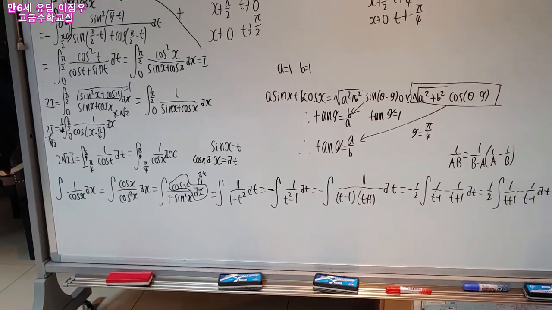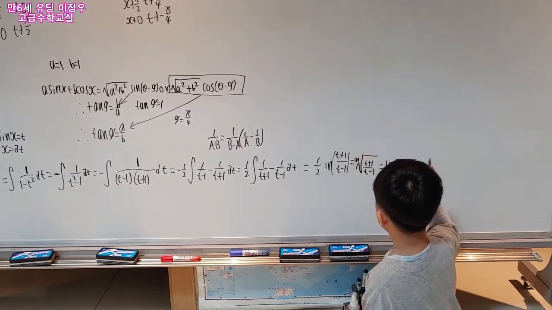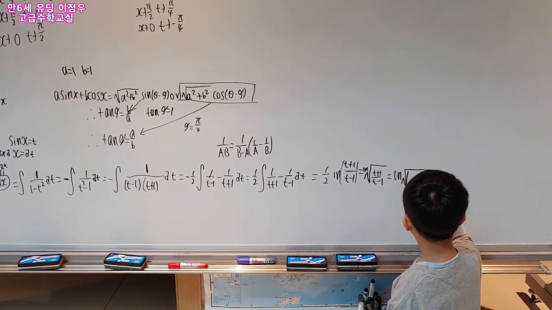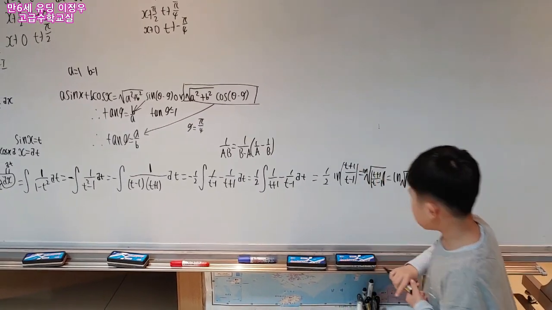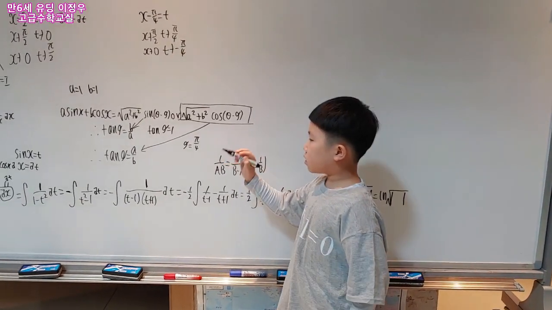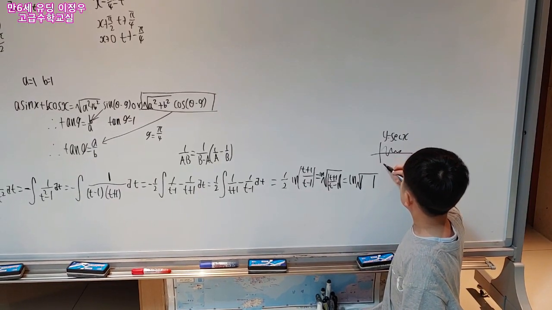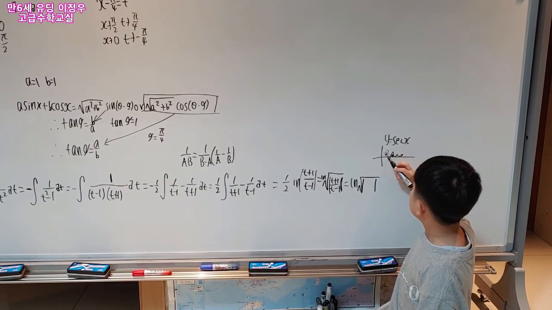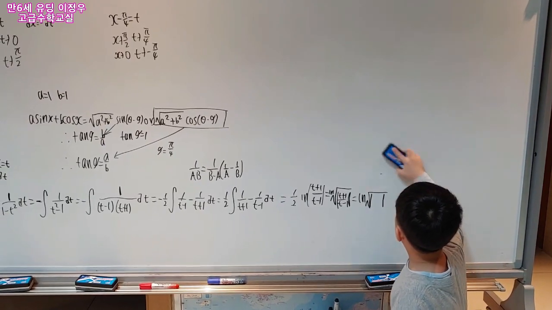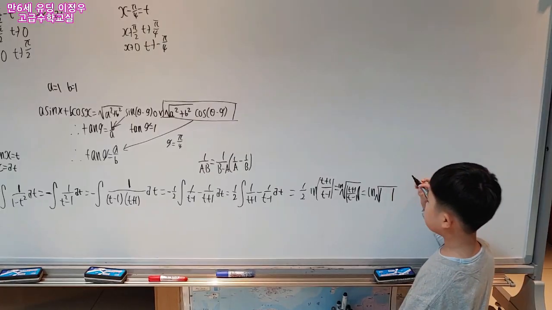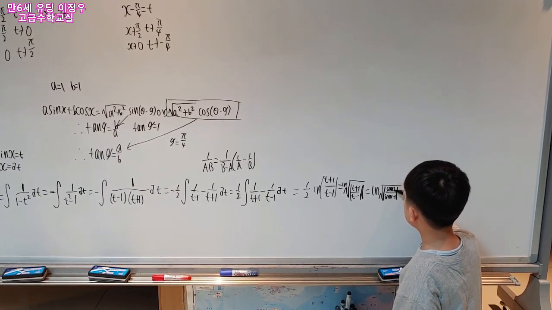So this is ln root of sine x plus 1 over sine x minus 1. Why is this going on? This is the integral of secant x dx, but it is not I or 2I or 3I. So we go to this, sine x plus 1 over sine x minus 1.